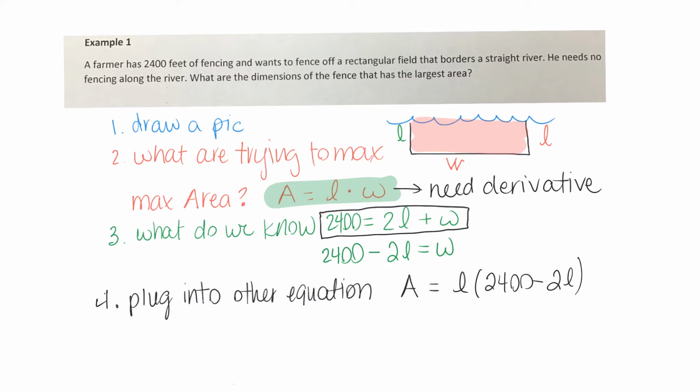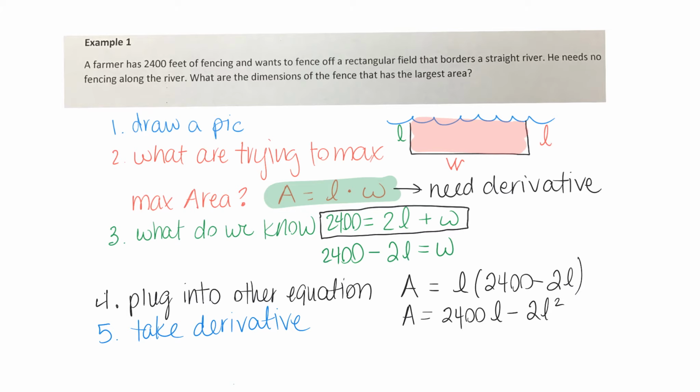I'm going to really quickly distribute that because my next goal is to take the derivative, right? If I want a maximum, I need to take the derivative. So I'm going to multiply this through, and I'm going to say A equals 2400L minus 2L squared.